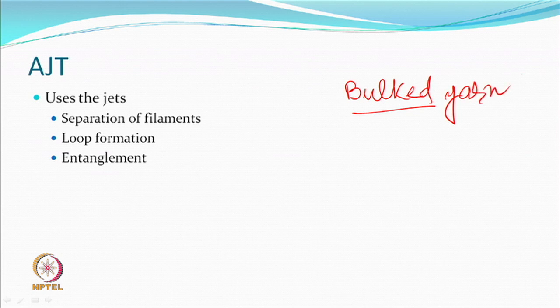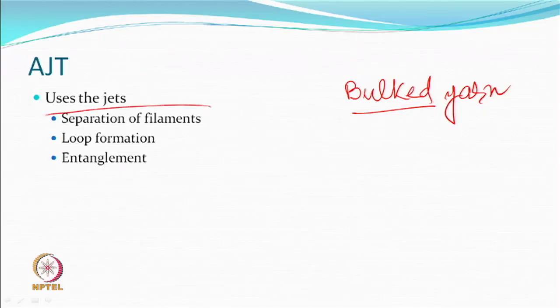What we are saying is that we will be looking at the possibility of combining the principles involved in these processes. Air jet texturing uses jets, and their main purpose is separation of filaments and then loop formation and entanglement. One of the interesting things people learnt is that in an air jet, for various reasons, it should be possible to separate the filaments.